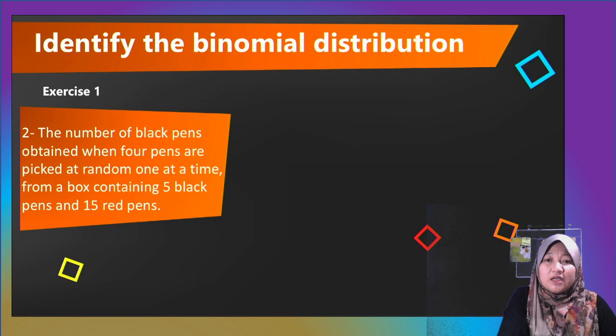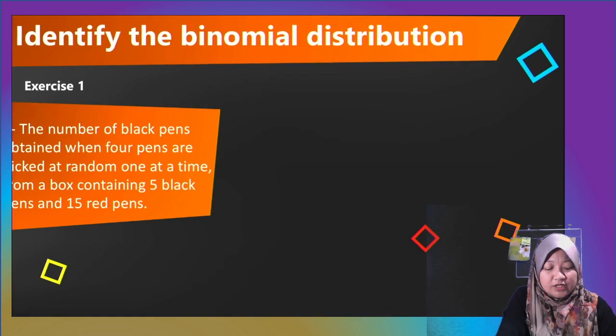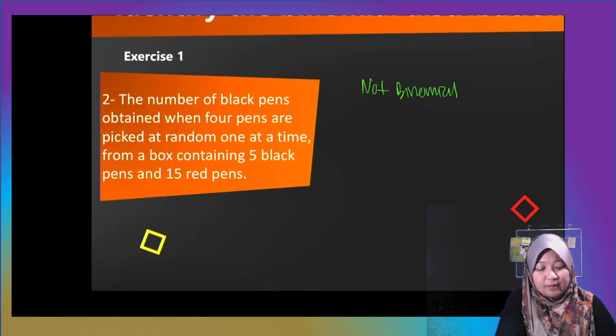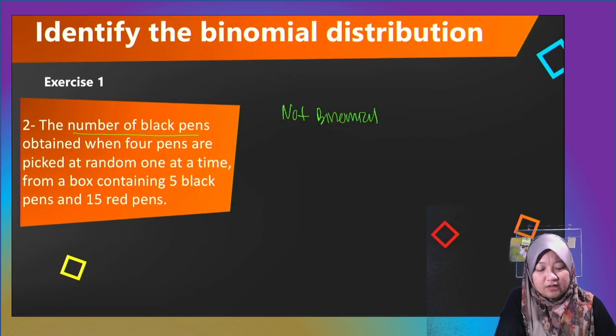Okay, the second one, the number of black pens obtained when 4 pens are picked at random, one at a time, from a box containing 5 black pens and 15 red pens. So this one is not binomial distribution. Why? Because this event, the second outcome, depends on the first outcome, the 4 pens picked at random one at a time.